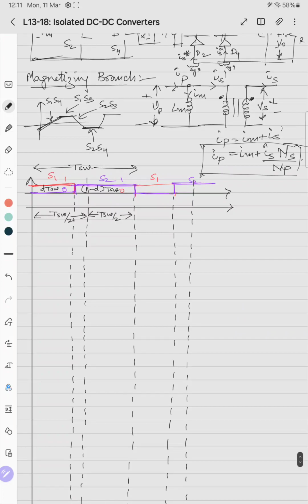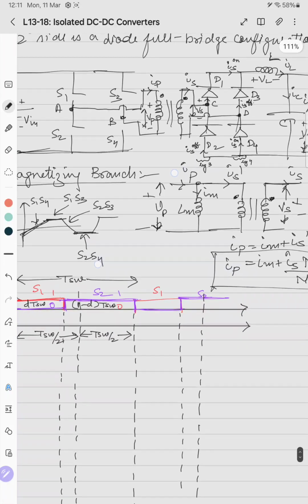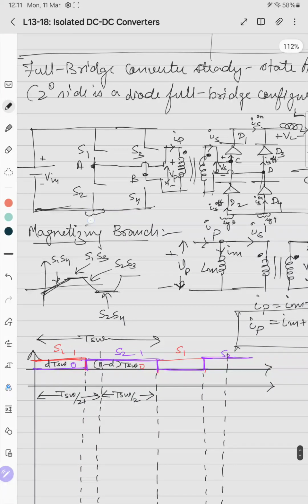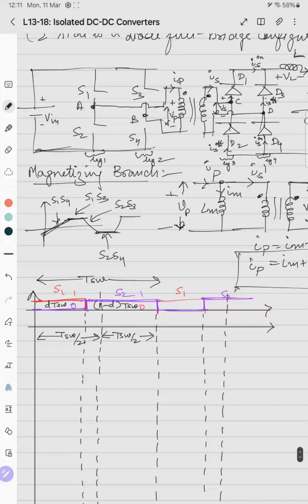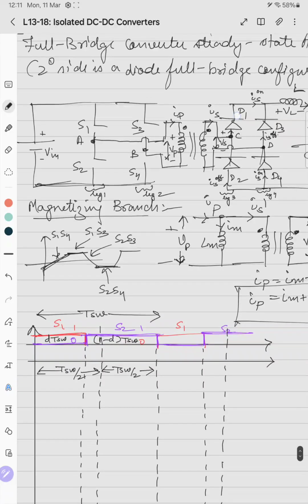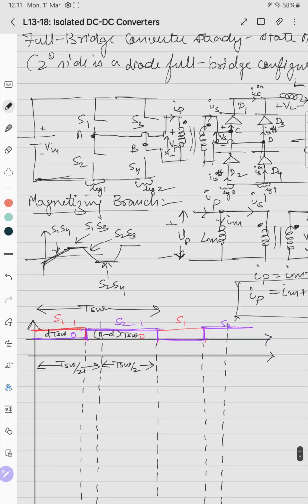So we'll delay the switching of the second leg. This is leg 1 and this is leg 2. We'll use the unipolar PWM technique. Unipolar means if there are 4 switches, the switching of the second leg is delayed with respect to the first leg by 180 degrees.